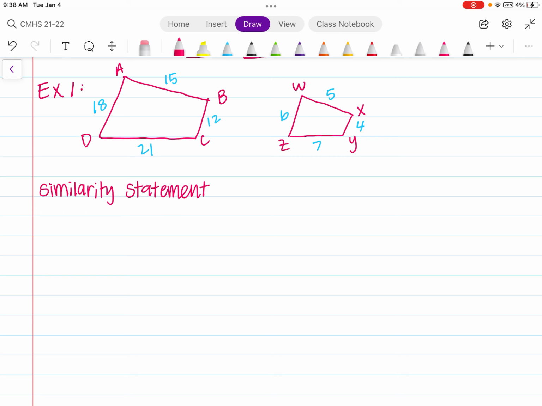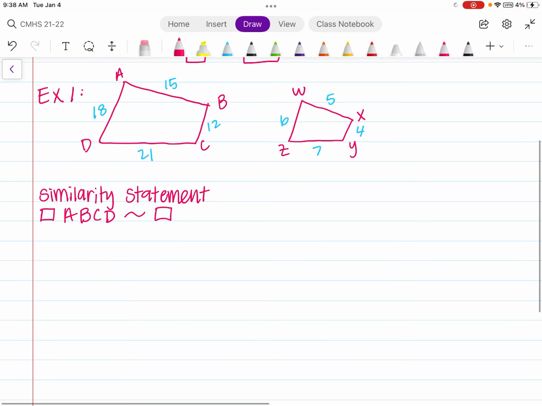Basically, if you say quadrilateral ABCD is similar to, and you know it has to be in the same exact order. So A is similar to W. B is similar to X. C is similar to Y. D is similar to Z.